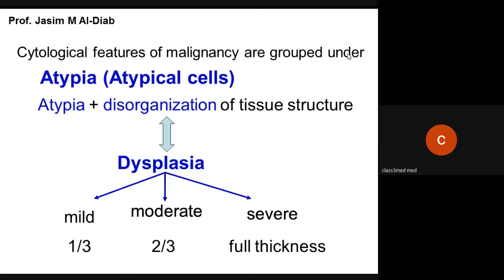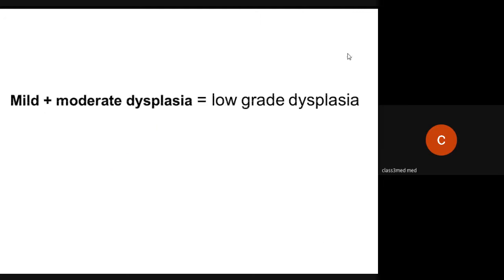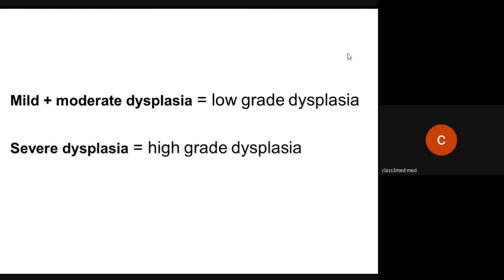This is the usual classification of dysplasia. Sometimes, in some tumors or organs, dysplasia is classified into low-grade and high-grade dysplasia. Low-grade dysplasia includes the mild and moderate dysplasia, grouped together, and severe dysplasia is called high-grade dysplasia.